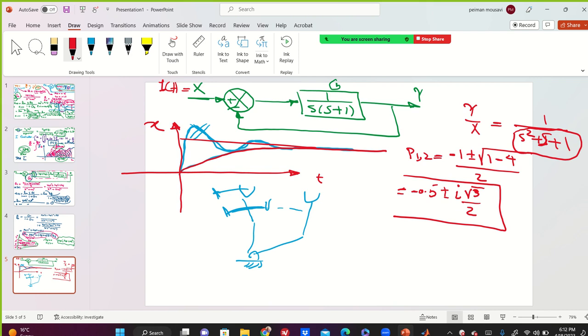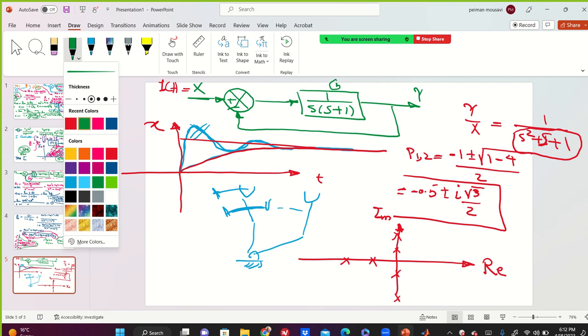Good. Now I'm telling you guys, on the imaginary and real axes, with marks at 1, 2 and so on, this system's original poles are here.